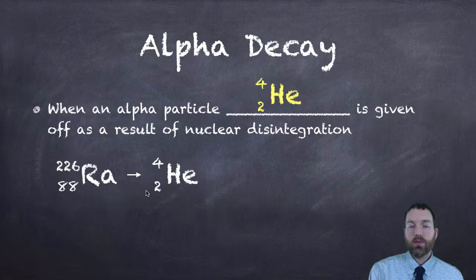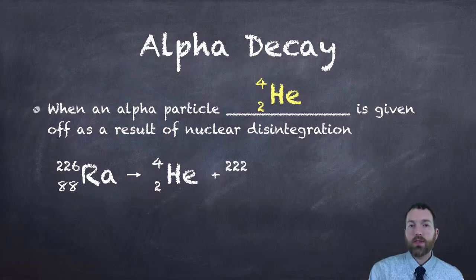And the way we do this is we just keep an accounting of all the mass numbers and the protons. So if radium weighed 226 because it had a total of 226 either neutrons or protons when combined, if I lose 4 of them, I'm going to have how many left over, and that's what we need to decide. So you can do the math either in your head, or if you need to use a calculator, that's fine too, but 226 minus 4 is 222.